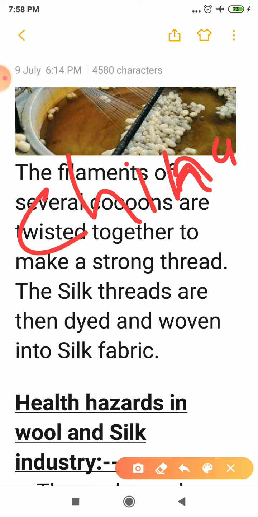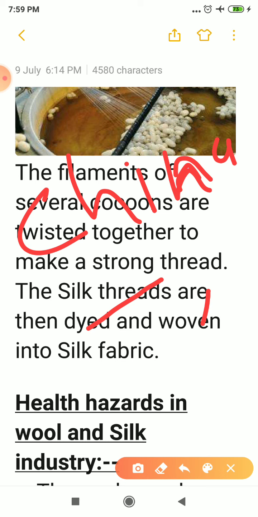She was drinking tea, and suddenly something fell inside her tea. When they were trying to remove it, the fine filament from that cocoon came out, and this was the discovery of silk.